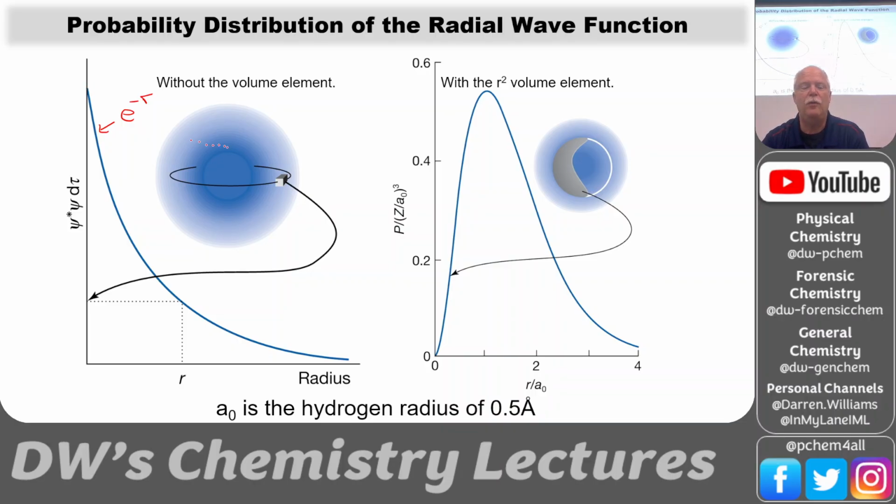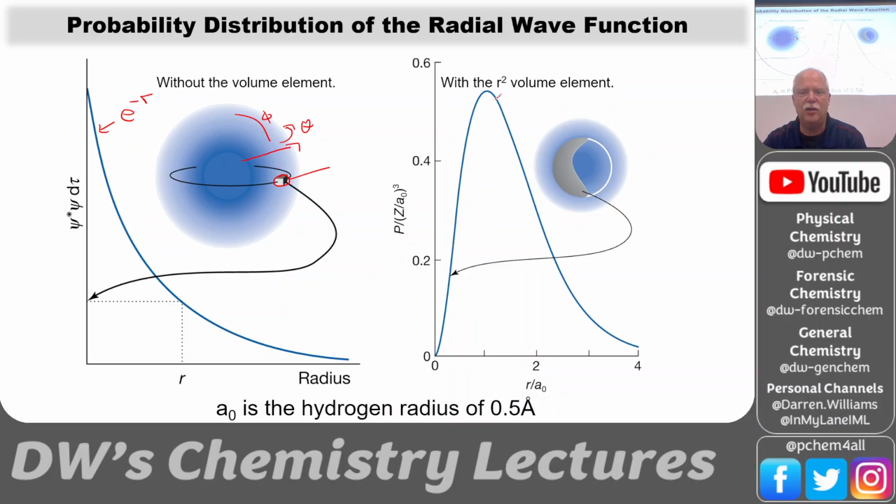Okay. But when we integrate this, notice we're integrating by this little volume, so a 3-dimensional integral would be integrating along r and along theta and along phi. And so this little volume is a delta r, delta theta, delta phi. And as I get closer and closer to the nucleus, that delta r goes to 0.